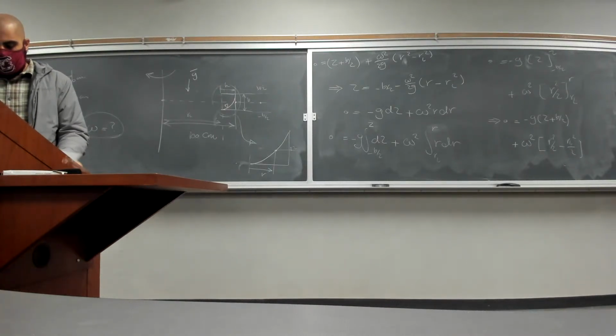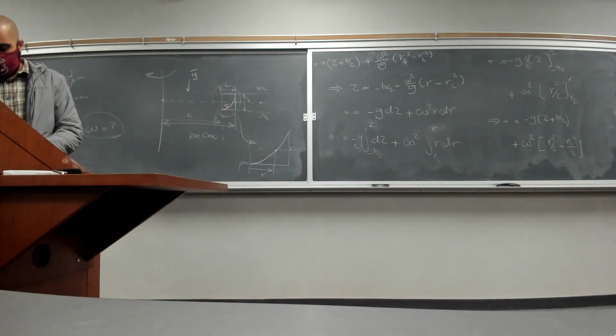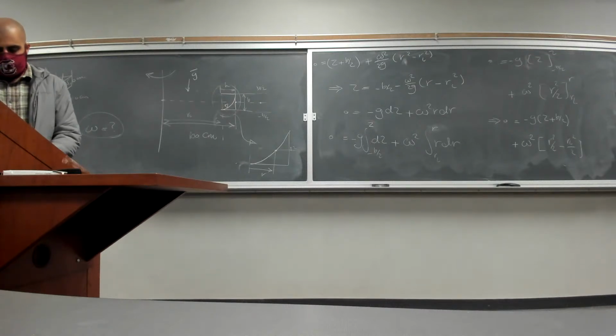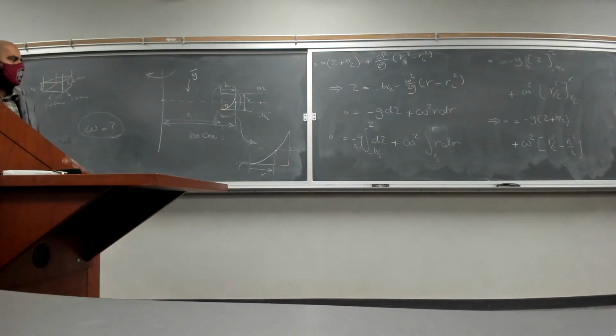Okay. Well, how is that going to be beneficial to us? How can we make sure that we are preventing any water spilling out of this container by rotating it fast enough?